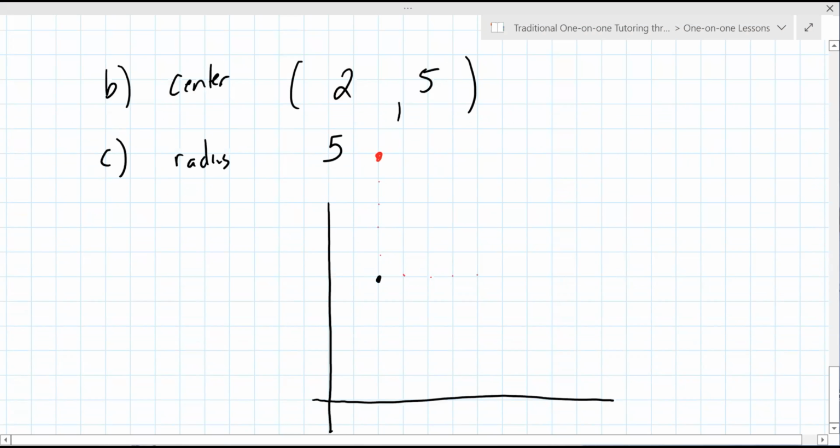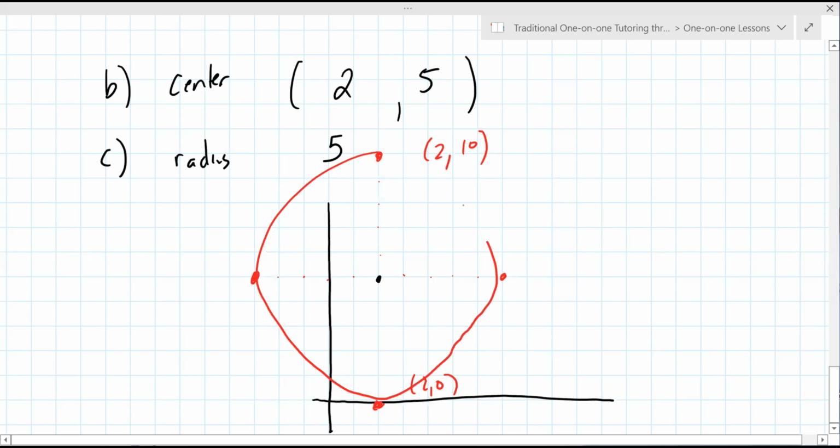And for the south, it'd be 2 and 0. Sorry, I don't know how I messed that one up. And then for the west, that would be -3 and 5.